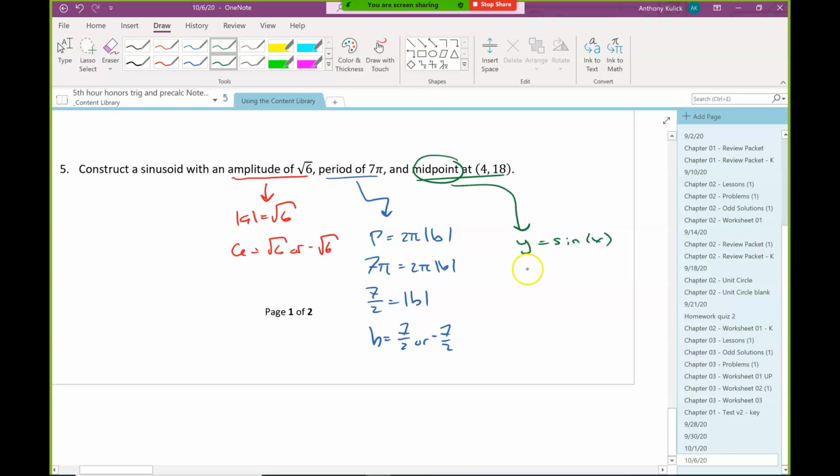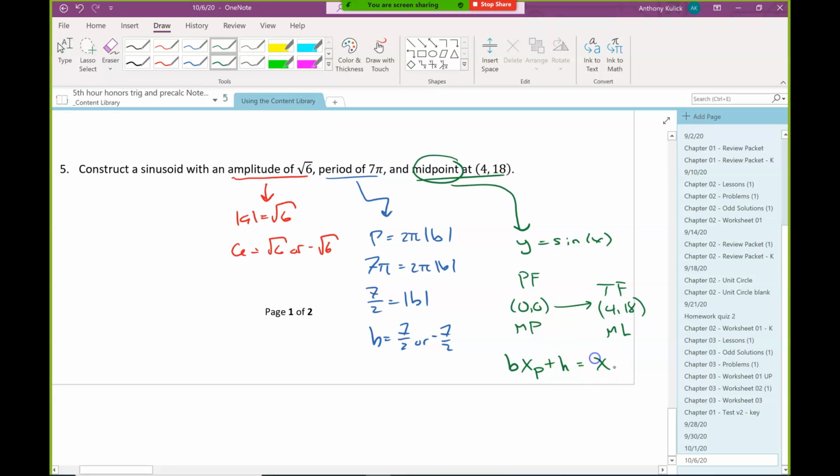So if we're going to use a sine function, in our parent function, sine has a midline point at 0, 0. And we're going to transform that midline point to the new midline point of 4, 18. So remember, what happens is that we take our b, we multiply it to the x from the parent function, plus h.